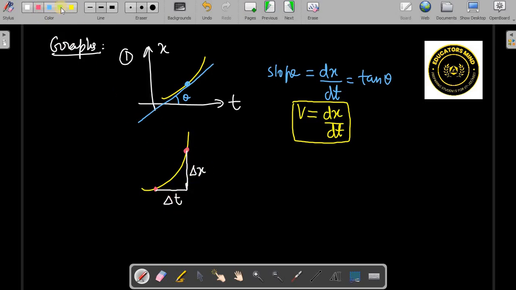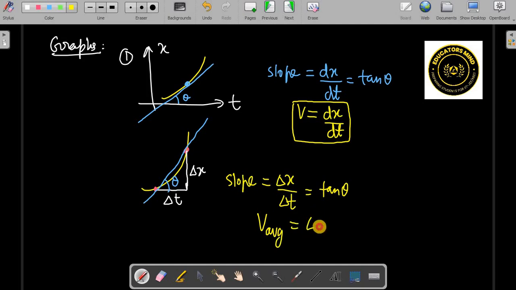If you join these two points, then this tan theta is the slope of the secant. Here the slope will be delta x by delta t, which is tan theta. This will be average velocity, delta x by delta t.